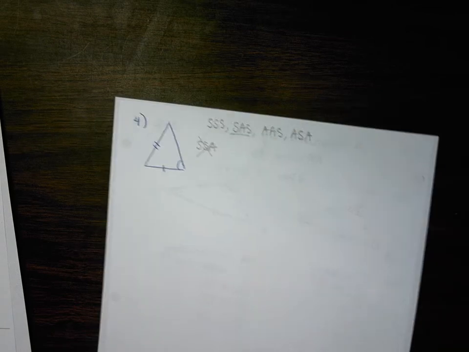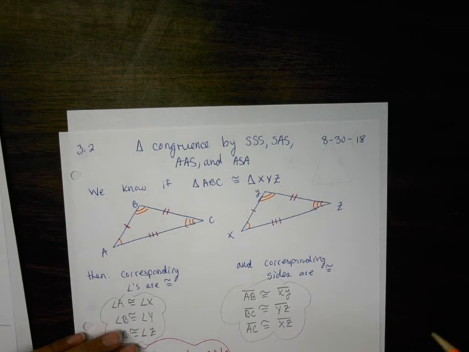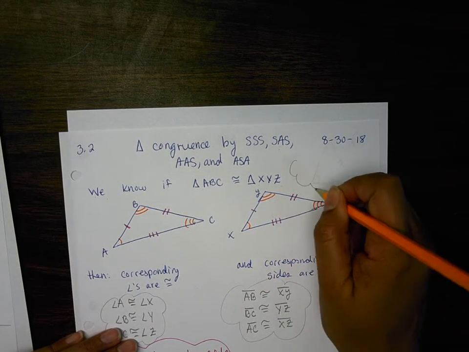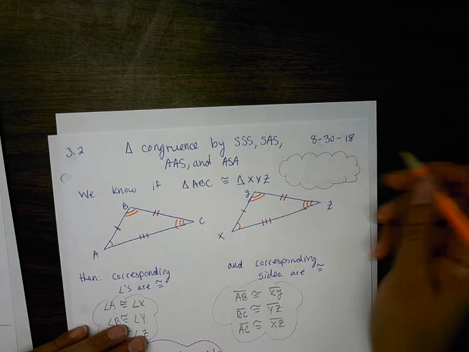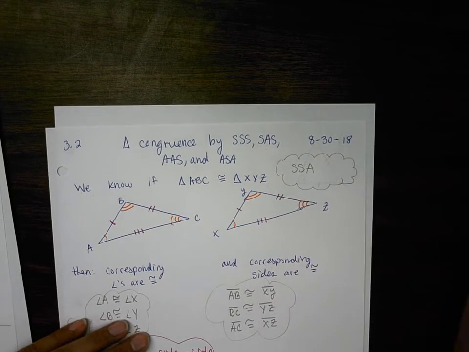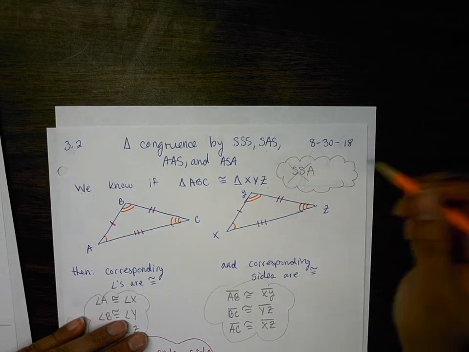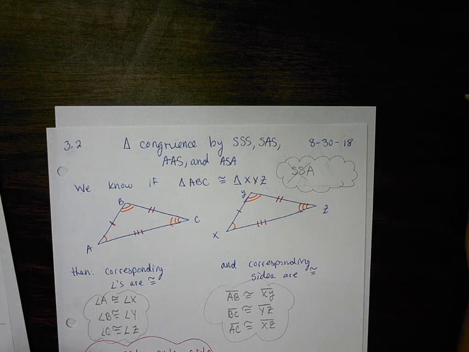So, really quick note, I'm going to flip my page over. Up here, I'm going to write down which ones are not allowed. One for now, we'll have another one. SSA is not allowed, so I'm going to put an X through it, unless it's a right triangle, and we'll see those next week.